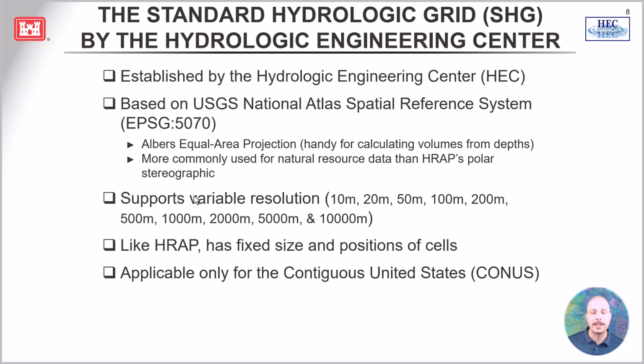In HEC-DSS, the SHG grid columns and rows are applicable only for the contiguous United States, and SHG supports a number of resolutions, varying from 10 meters by 10 meters to 10,000 meters by 10,000 meters. In SWIMS applications, 2,000 meters is the most commonly used resolution.